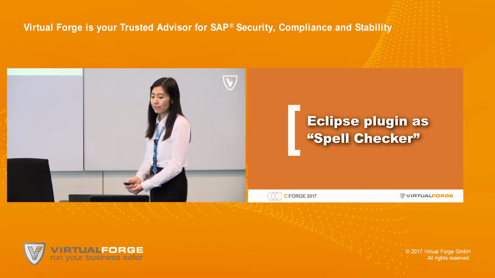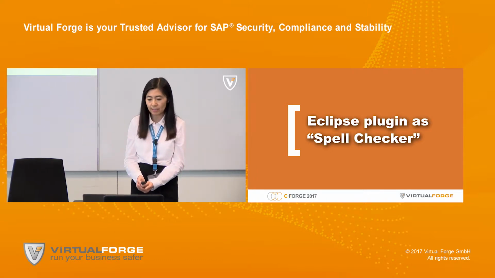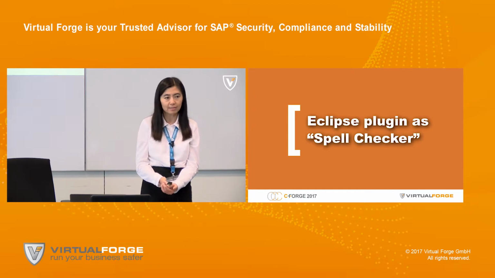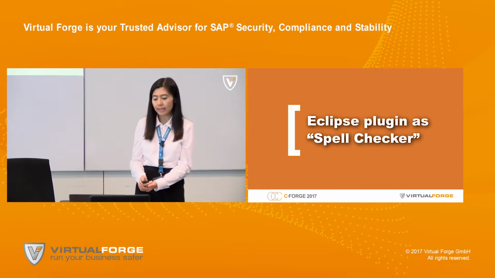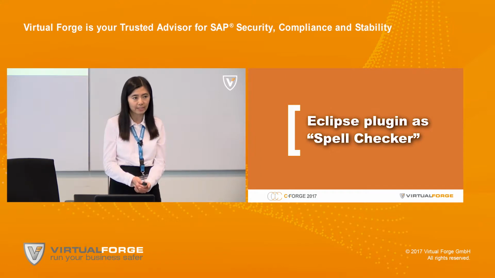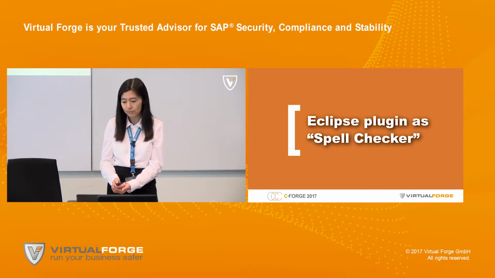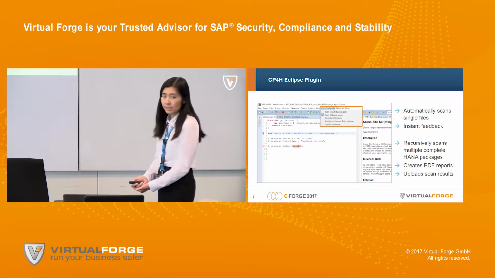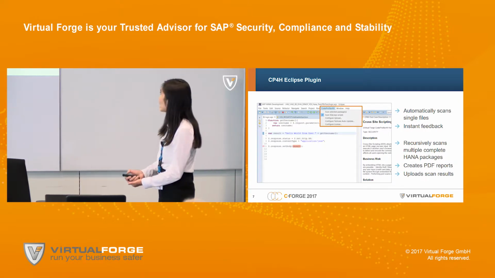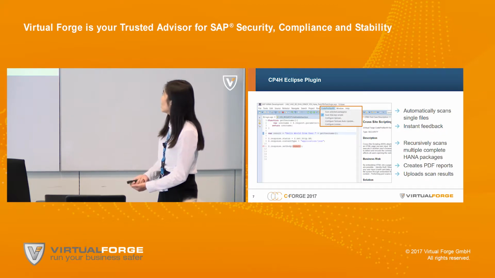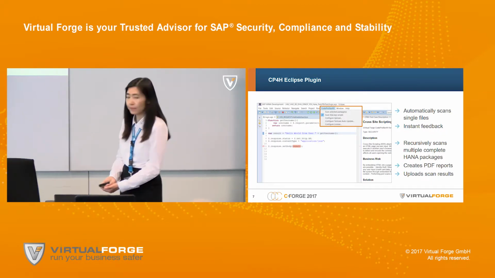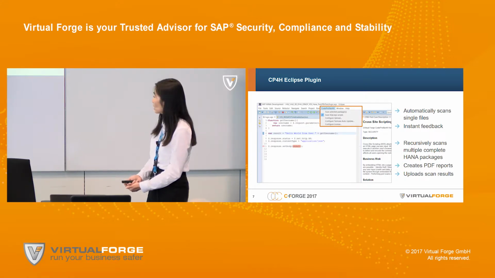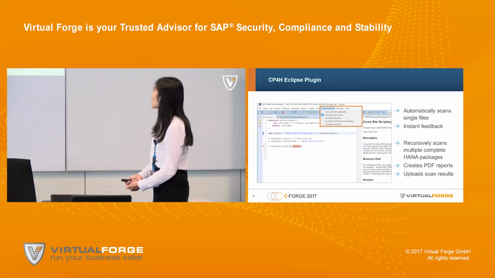So at first, let's see the Eclipse plugin. It works like a spell checker, like Word. It checks for vulnerabilities in your source code. Here you see our Eclipse plugin, and you see we have installed the plugin. You have the different kind of menus. I will show you later in live.